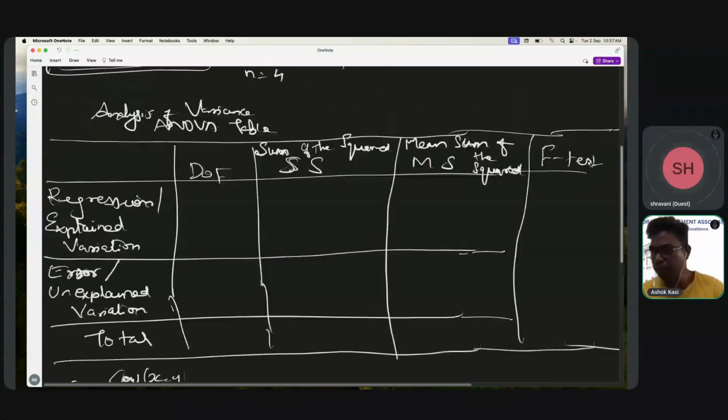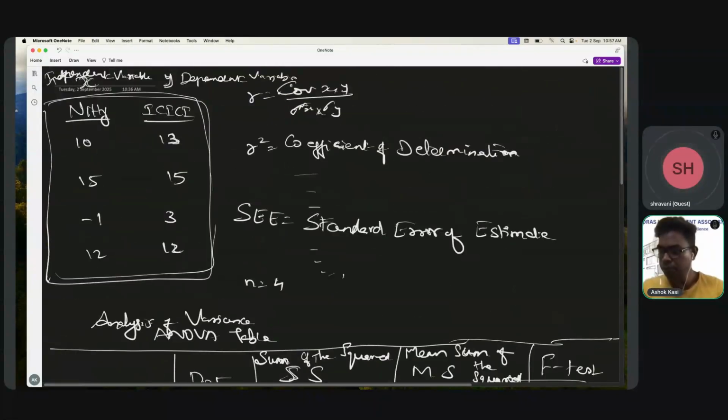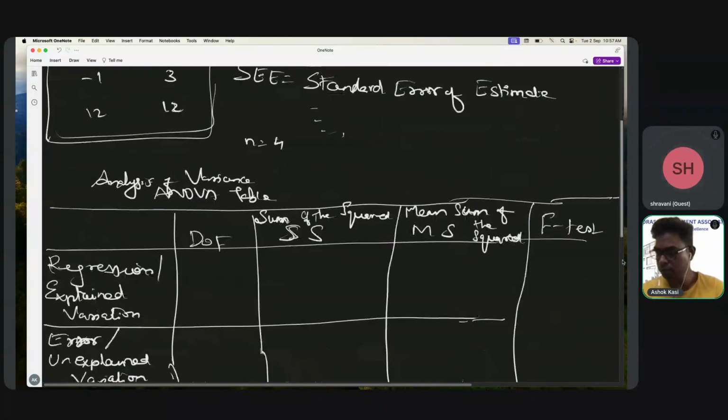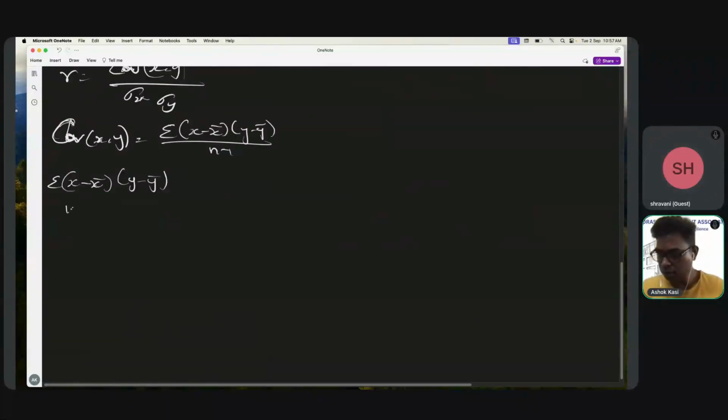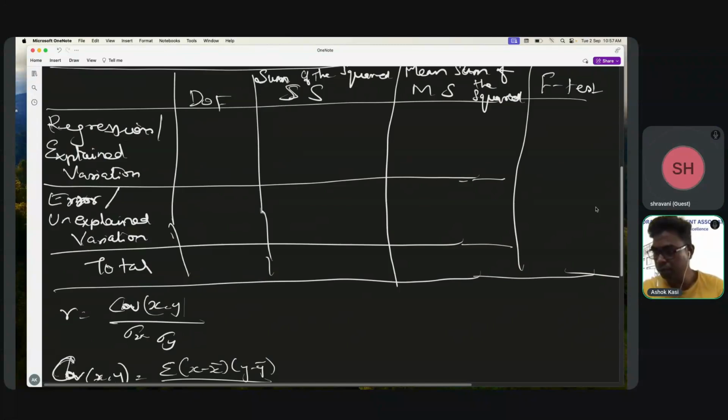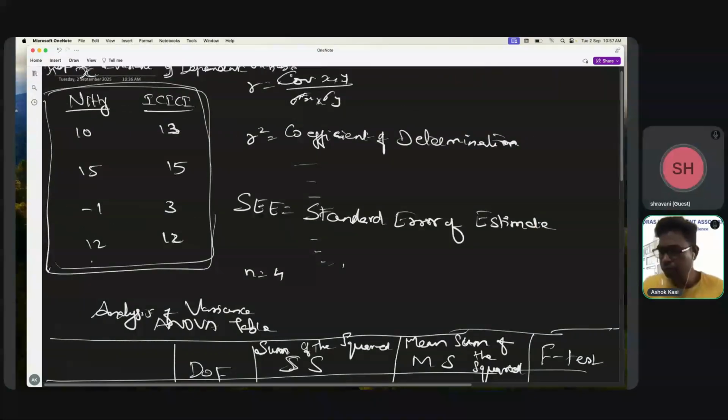So x's values are 10, 15, minus 1, 12. Now x bar, you calculate the average of this. Take out your calculator, 9. So x bar is equal to 9. What is y bar?